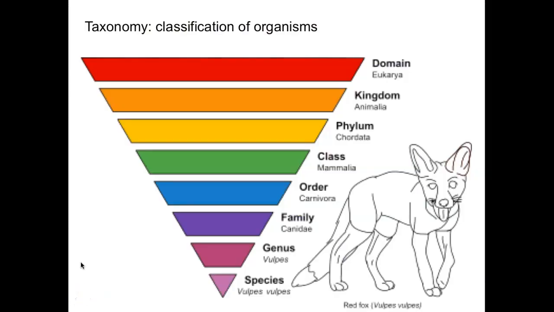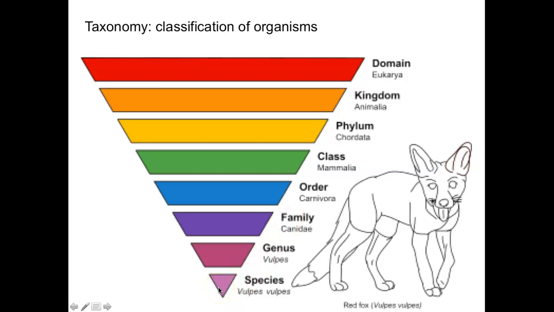Looking at taxonomy this way, you have really large groups of organisms where a lot of different kinds of organisms fall in a large group because they have one thing in common. And then as you narrow down the different groups, the organisms in those groups become more and more similar, because you filter out things that are not common anymore, or you create groups that are more and more specific, until you get to species, right?